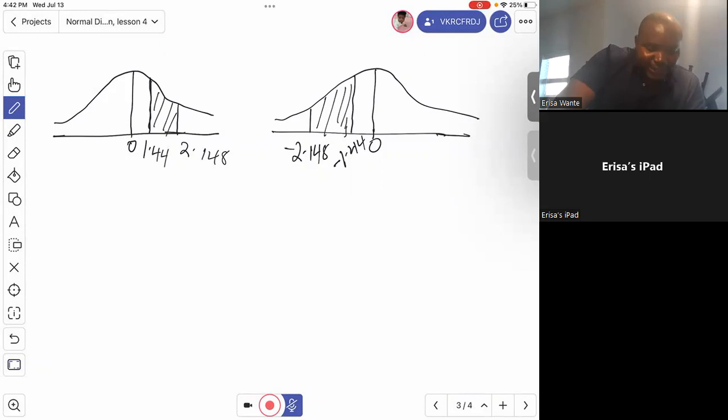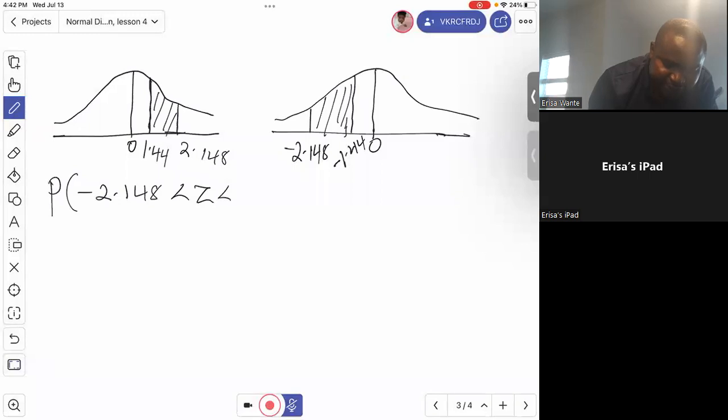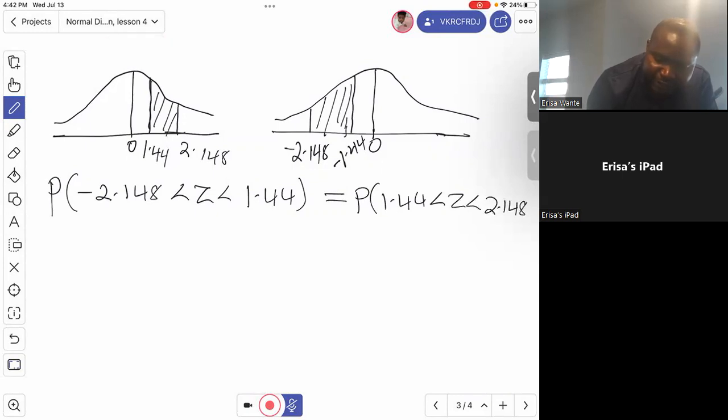But my standard normal tables cannot read the areas on the negative side because they are designed to read for values of Z on the positive side. So the probability that minus 2.148 is less than Z is less than 1.44 is exactly the same as the probability from 1.44 less than Z less than 2.148. Then how do I find this probability?